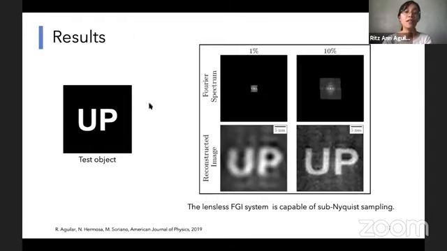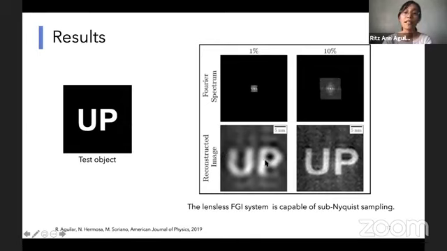For the results, here's a sample test object, the UP logo, from the calibrated computational ghost imaging system, which is a very low-cost one using an LDR and a commercial projector. This is the sample result that we obtained for a 1% spectrum, and then a 10% spectrum. By taking the inverse Fourier transform, we were able to reconstruct the image of UP.